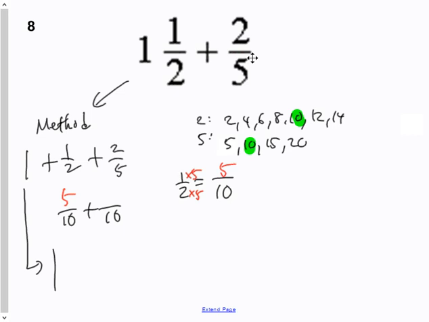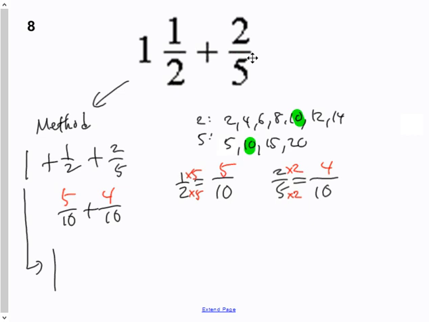The next part is 2/5. That's our next fraction. That's equal to how many tenths? So the question you have to ask yourself is, what did I multiply 5 by to get 10? And the answer, of course, is 2. So because I multiplied the denominator by 2, I have to multiply the numerator by 2, and I end up with 4/10.